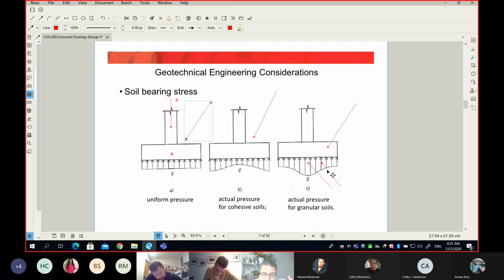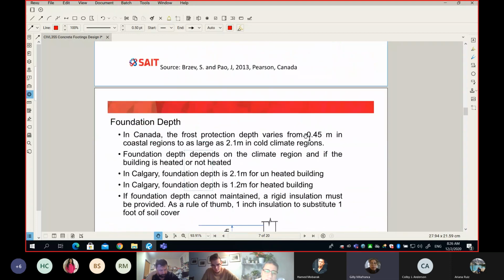You have to do a computer model, and model the soil as elastic springs with a given stiffness, and you will see the real interaction between your footing and the soil. However, in our simple design, we will take a simplified approach where the stress under the soil will be uniform. Is that clear? Yes, that's clear. Okay, perfect.